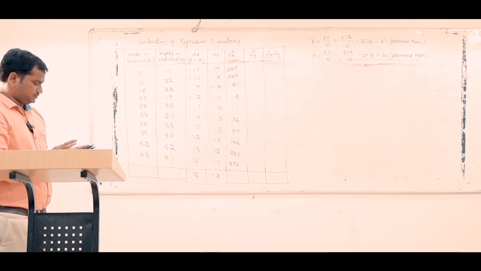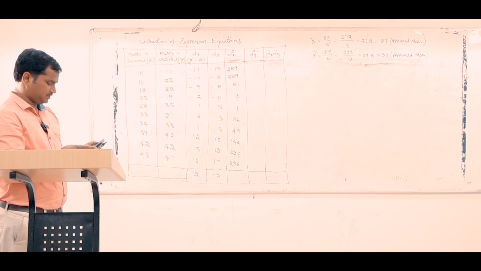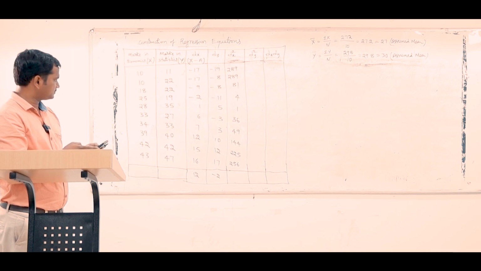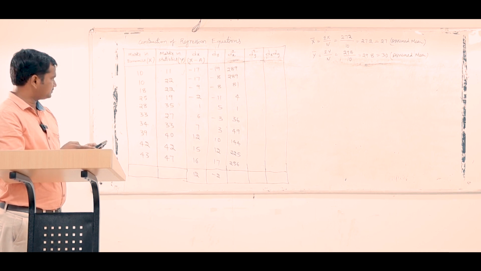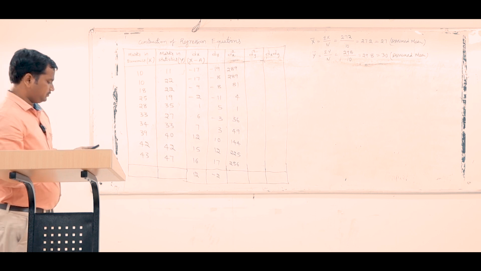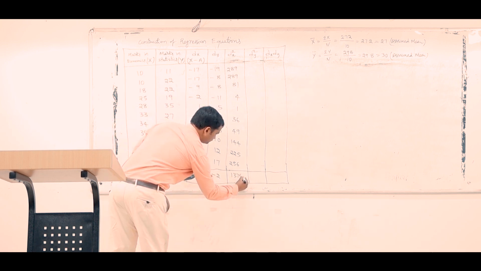So it is 289 plus 289 plus 81 plus 4 plus 1 plus 36 plus 49 plus 144 plus 225 plus 256. So the total will be 1374.